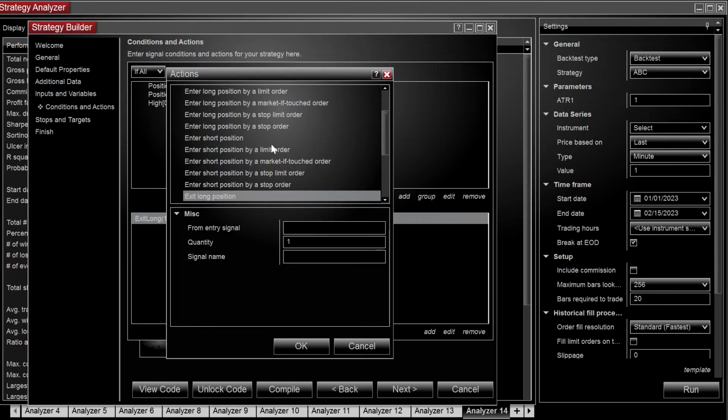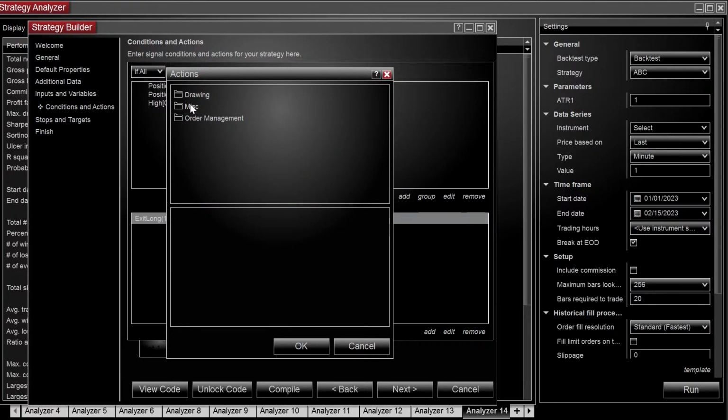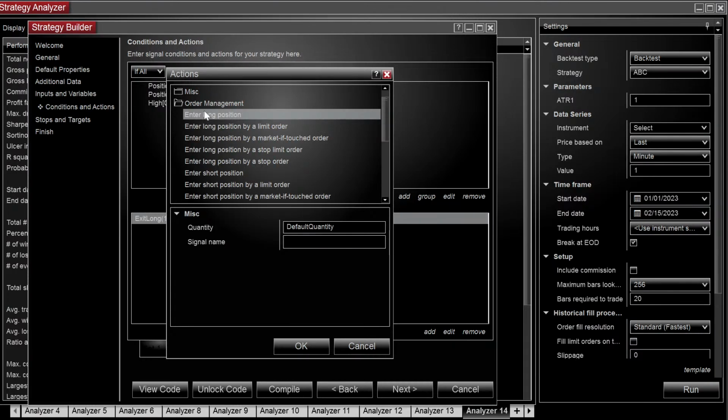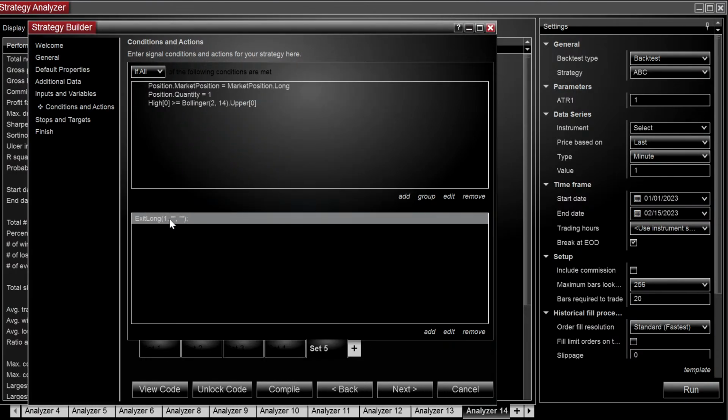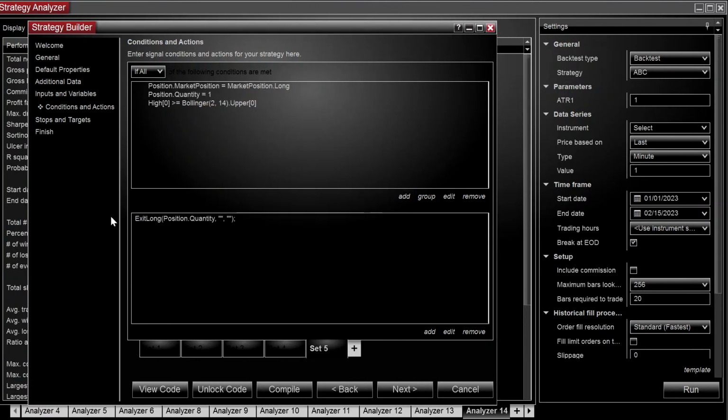We're actually going to set this one to quantity just because of anomaly events that might occur. So let's set the quantity to the current position size. Very cool. Now let's duplicate this one.